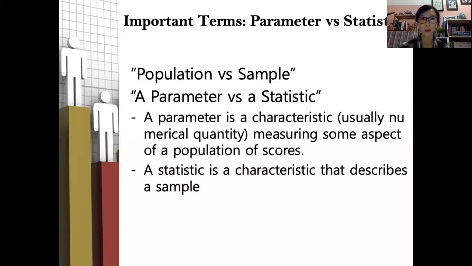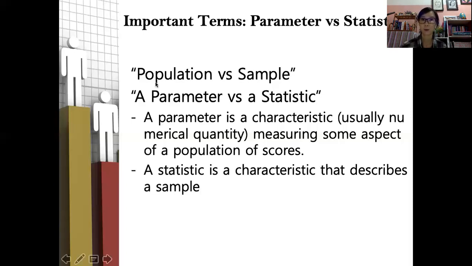Okay, when we talk about population and when we talk about sample in quantitative research, we talk about the group of our research interest, who we want to investigate. That's population, yeah? From which or from whom you would like to collect your data.